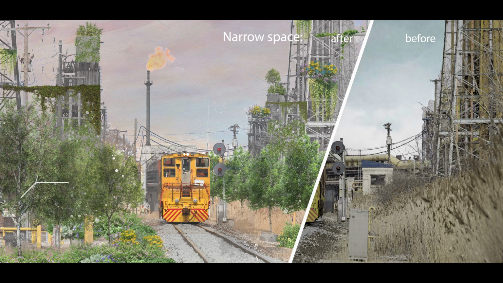The last one is the narrow space, and I chose the space between the railway trail and the factory buildings. You can see I have some new plants and also some vertical plantings to enrich the environment. So that's all my designs. Thank you for listening.